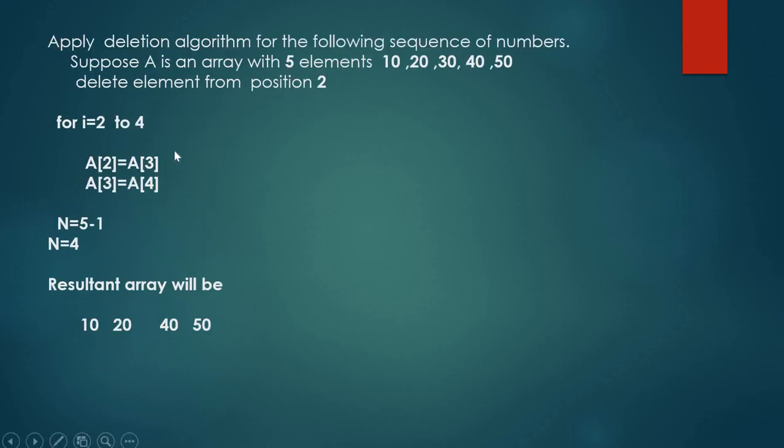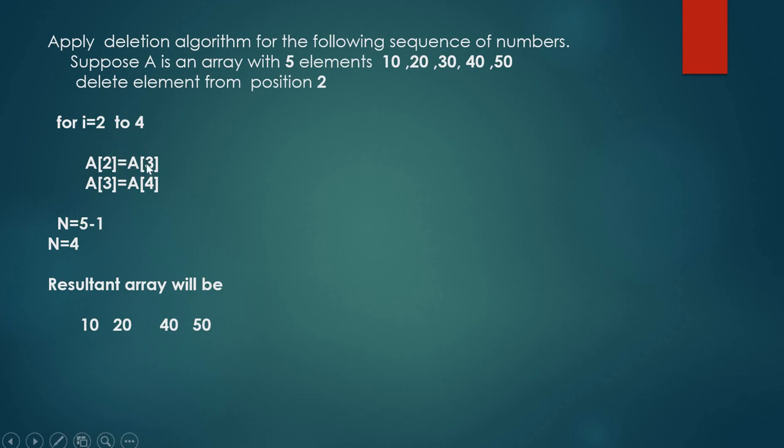Now apply the deletion algorithm to the following sequence of numbers. We can consider the same example. Suppose A is an array with 5 elements: 10, 20, 30, 40 and 50. Delete the element from position 2. First we need to copy the element, that is, copy this 30 to ELE. After that, we need to shift the elements. For that, this for loop, for I is equal to 2 to 4.